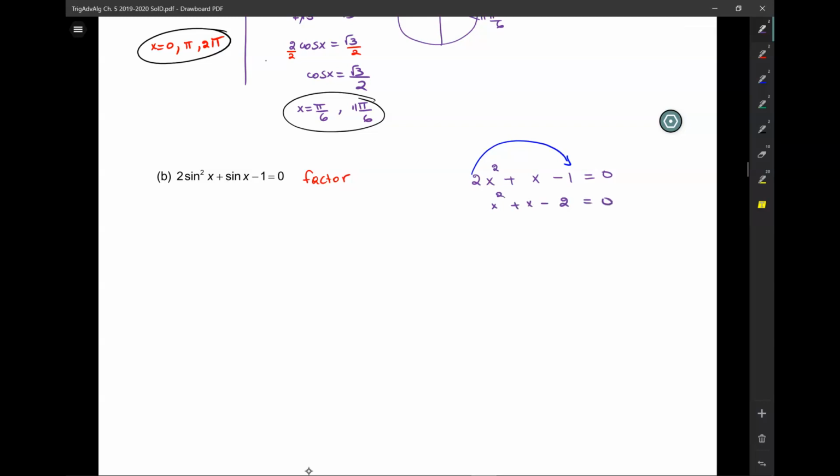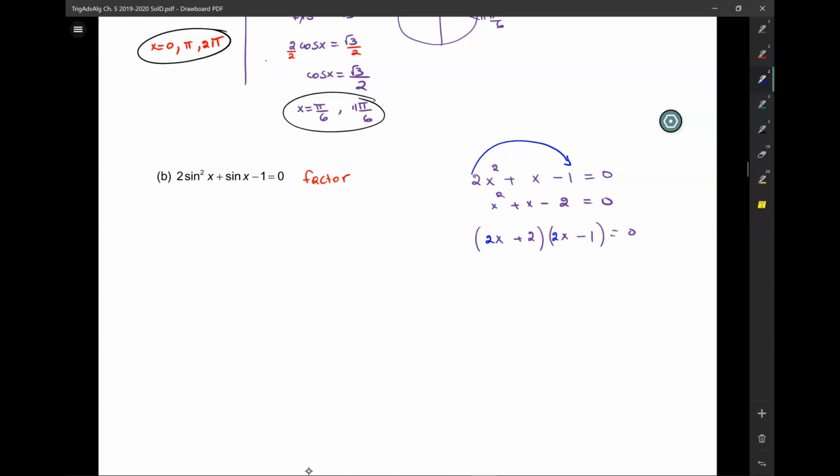And now I'm going to factor x plus 2, x minus 1. But now, since I took out a 2, I got to put the 2 back. You remember how here I multiplied the 2 into here? Then that would be 4x squared.